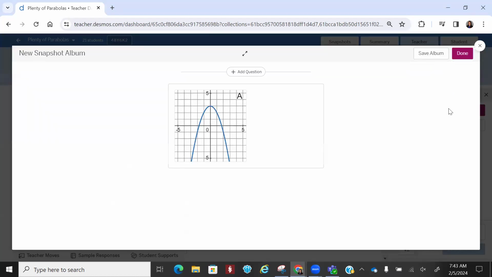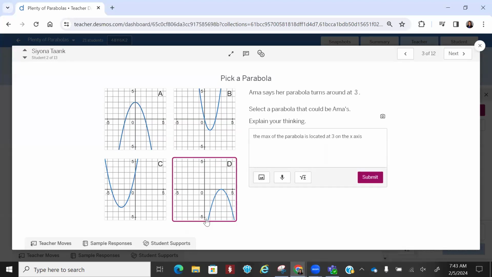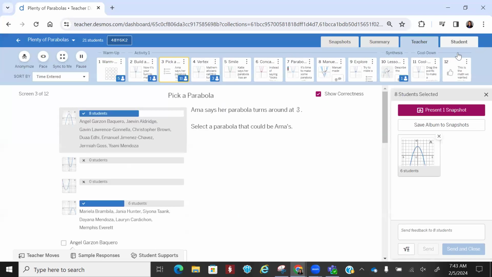The correct answer is this one, or you could also have put this one down here. This is okay, because it does turn at the X value of 3. Some of y'all put the Y value of 3, some of y'all said the X value of 3.